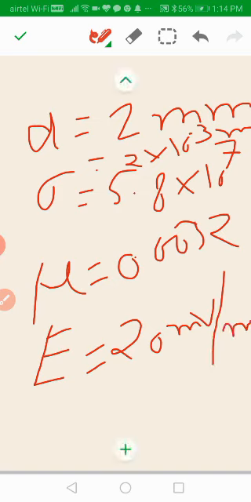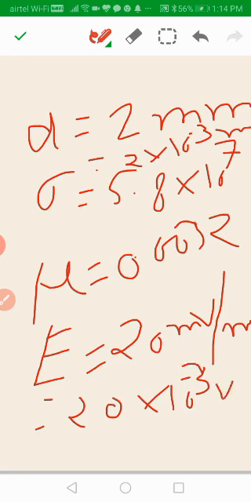As we know, the unit of electric field is volt per meter, and since milli is there, you can make it volt per meter by multiplying 20 into 10 raised to the power minus 3. Milli is minus 3, volts per meter.